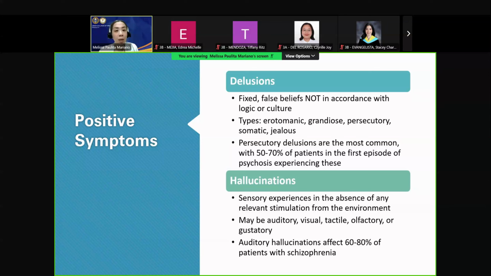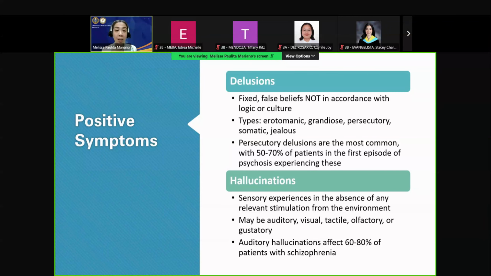But examples of auditory hallucinations could be hearing voices. Visual hallucinations could be seeing people and there's no people around, seeing dwarves and there's really nothing around, seeing animals even, and there's none around. Tactile hallucinations could involve the feeling of something crawling on your skin or the presence of weight somewhere in your body, but it's really not there.